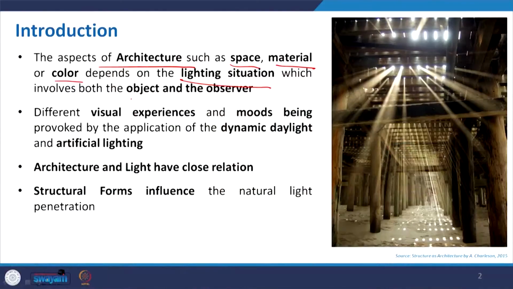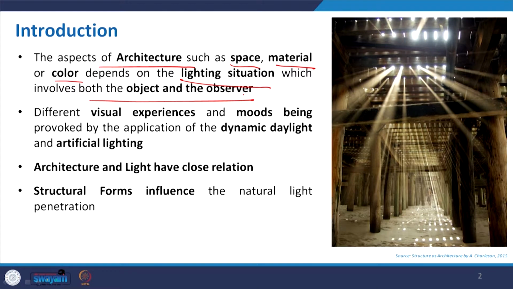In the absence of light we cannot see any objects, and we can even change the color of an object with lighting because of different filtration. This is available in our smartphones; in photographs we take, we apply different filters and toning. By changing the color and intensity of the light, we can make a real change in the outcome. So the light, the object and the observer, these three parameters determine how we perceive a structure.